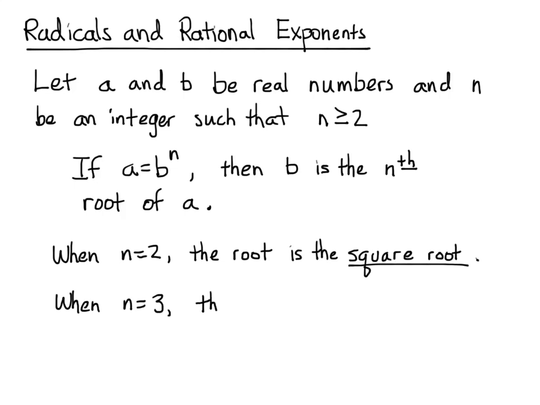Similarly, mostly for geometric reasons, when n is 3, we call that the cube root. So if we have 27 equals 3 cubed, that's probably not the best example because I have 3 twice. Let's talk about 8 equals 2 to the third power. You say 2 is the cube root of 8.